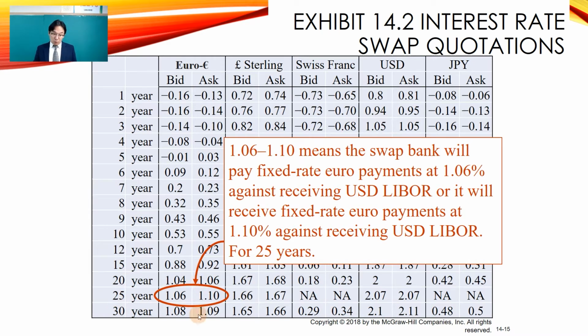If you look at the 25-year euro bid-ask spread of swap quotations, 1.06, 1.1, it means the swap bank will pay fixed rate euro payments at 1.06% against receiving US dollar LIBOR, or it will receive fixed rate euro payments at 1.1% against paying US dollar LIBOR for 25 years.